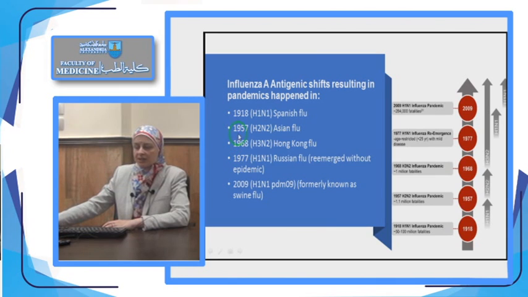In 1957, it was H2N2. In 1968, it was H3N2 in Hong Kong. In 1977, it was H1N1, the Russian flu. And in 2009, of course, you can remember this one, it was the H1N1 pandemic, which was formerly known as the swine flu. Okay?